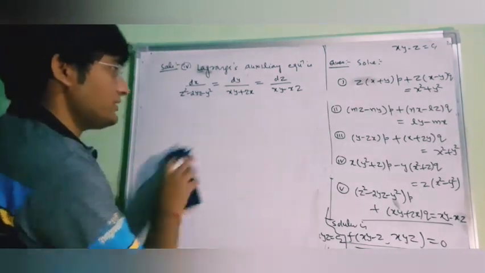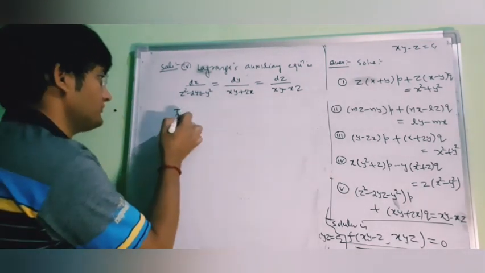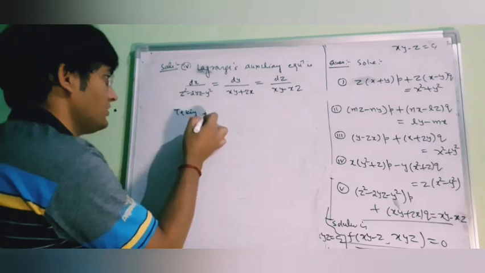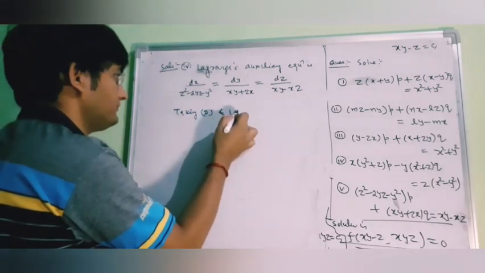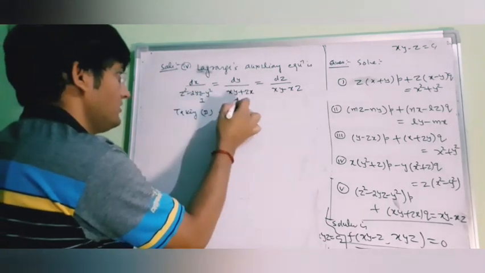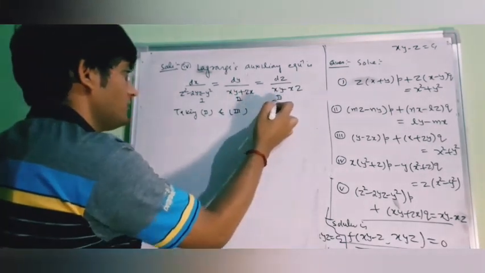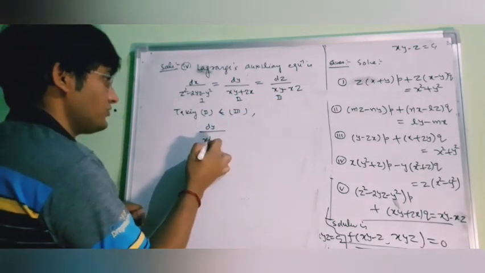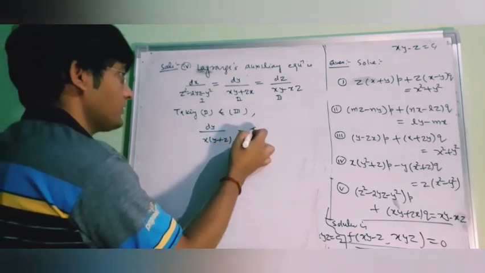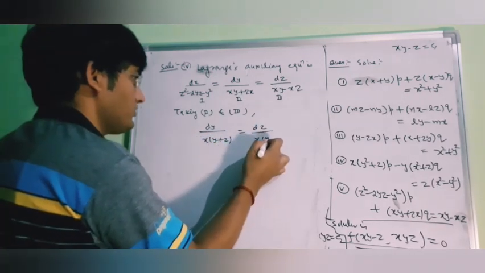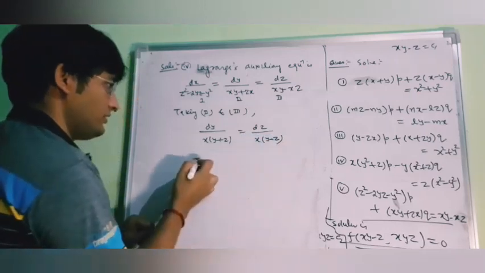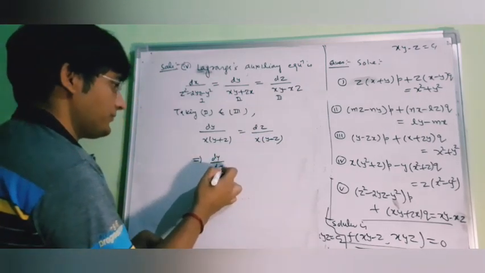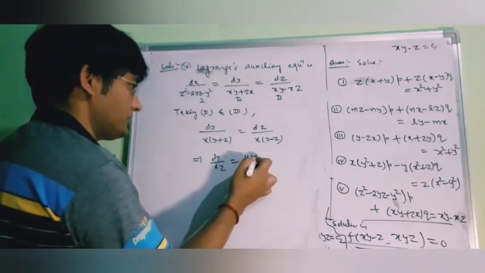Okay, now let us take the second and third term. Taking the second and third term, we will get dy upon x(y plus z) equal to dz upon x(y minus z), and this will be dy upon dz equal to y plus z upon y minus z.